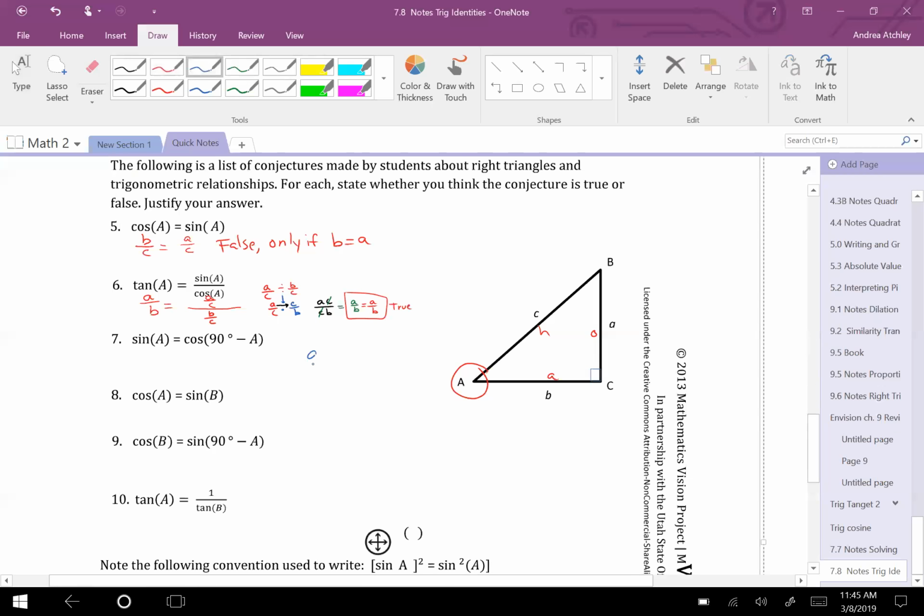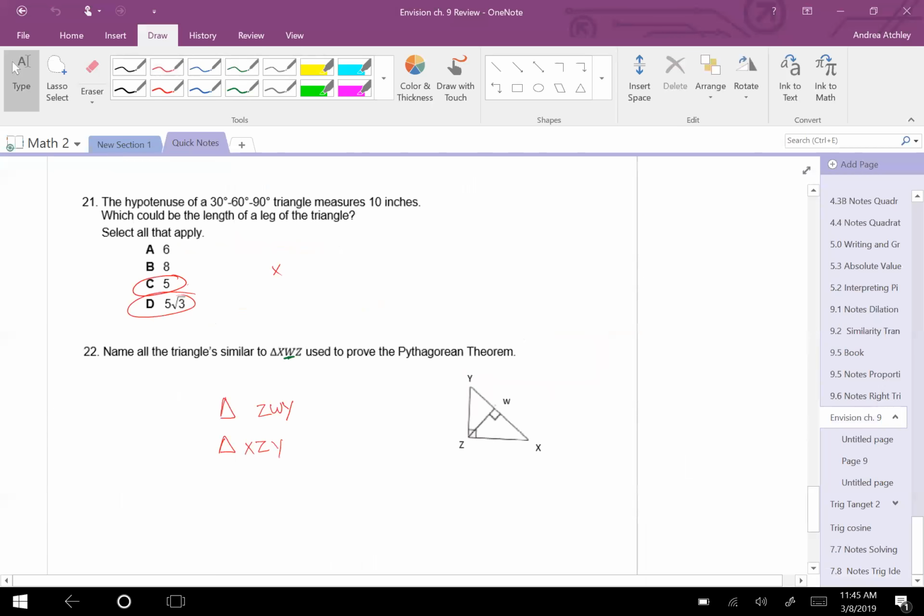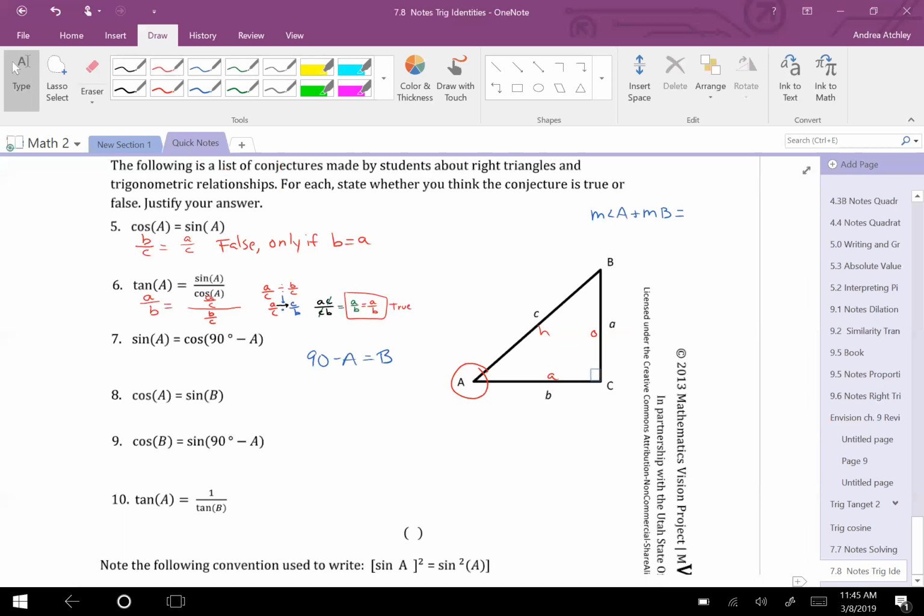Do you know what 90 degrees minus A is equal to? In my triangle, what would 90 minus A be? Angle B. That's all that states. 90 minus A, because the measure of angle A plus the measure of angle B should equal 90 degrees.